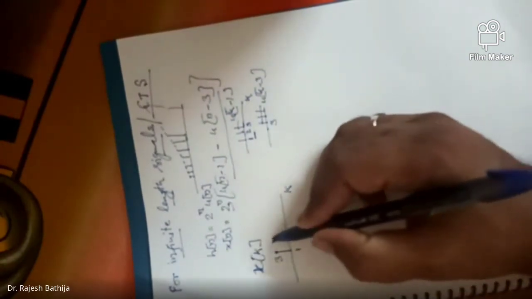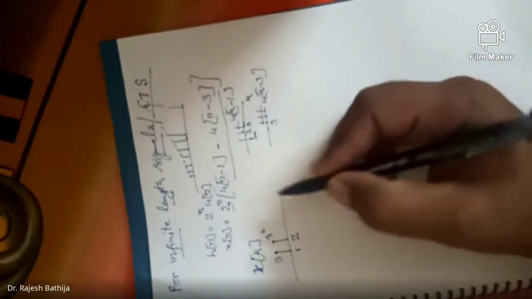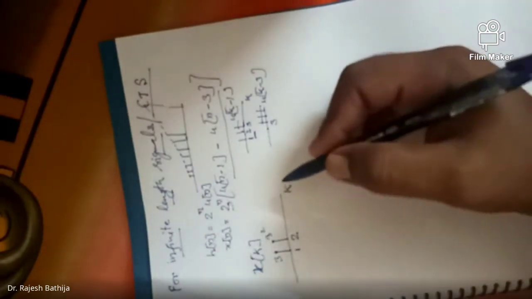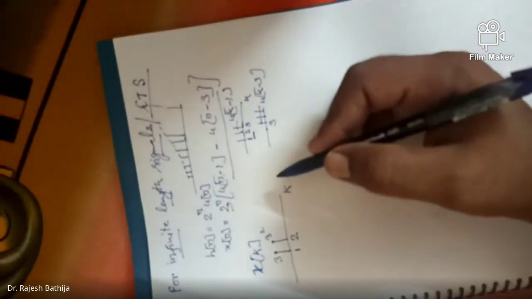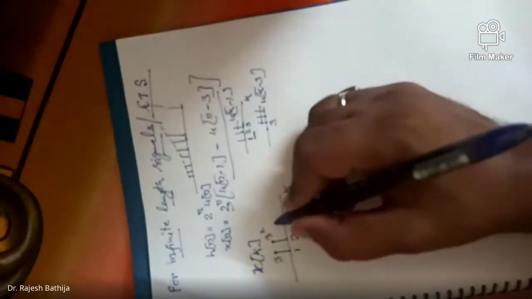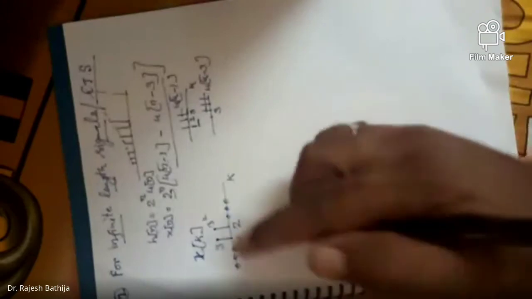At k equal to 2, its value will be 3 square, right? It is 3 to the power n, so it will be 3 square. Now after 3 and 3 square, all other values are 0. So this is x of k.